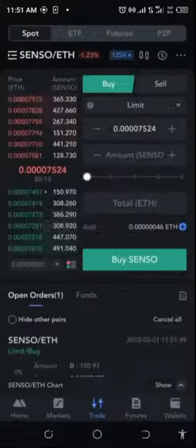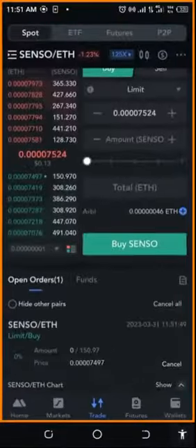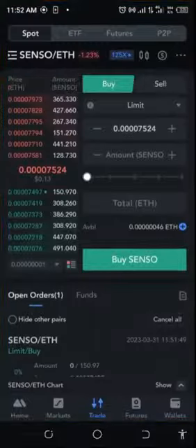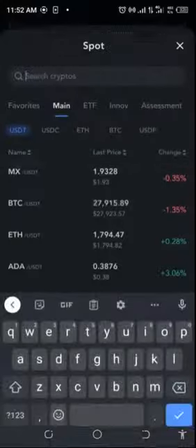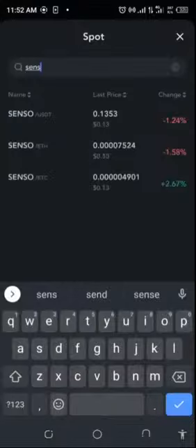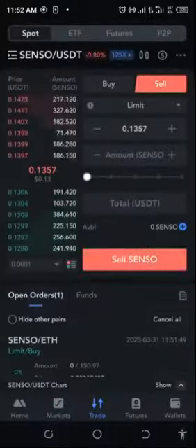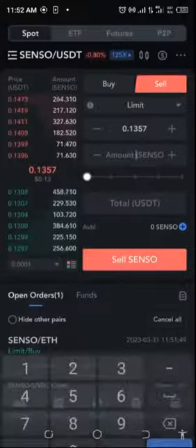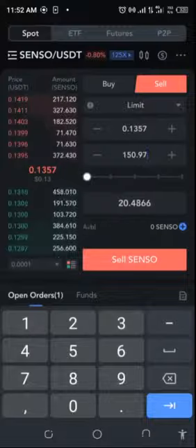Okay, so what we got was 150.97, I guess. 150.97. Okay, let's quickly go and see if we sell this, to Senso USDT, how much we're gonna make. Okay, Senso USDT. Let's see if we sell this, what would we make? That was 150.97.